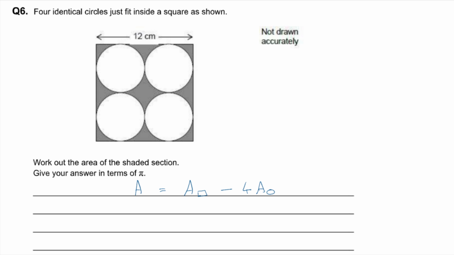So let's work out those two areas. The area of the square first. The square formula is just L squared, length times length, and the length there is 12, so it's 12 squared. That's giving me an area of 144. And then the area of the circle is pi r squared. So what's r here?